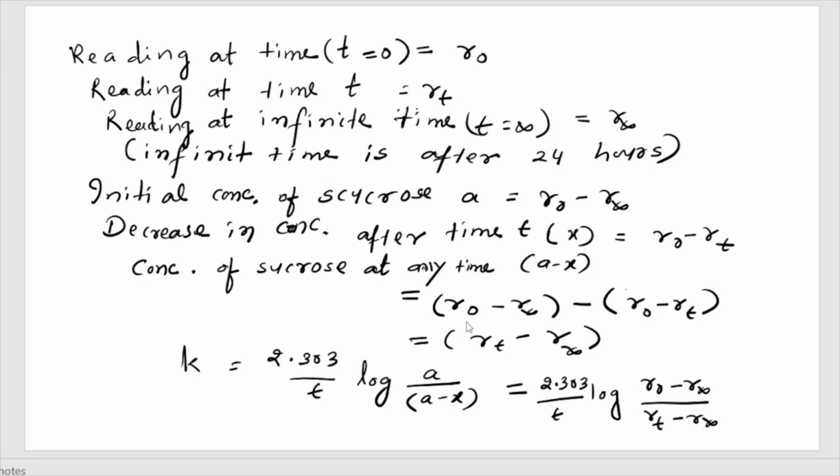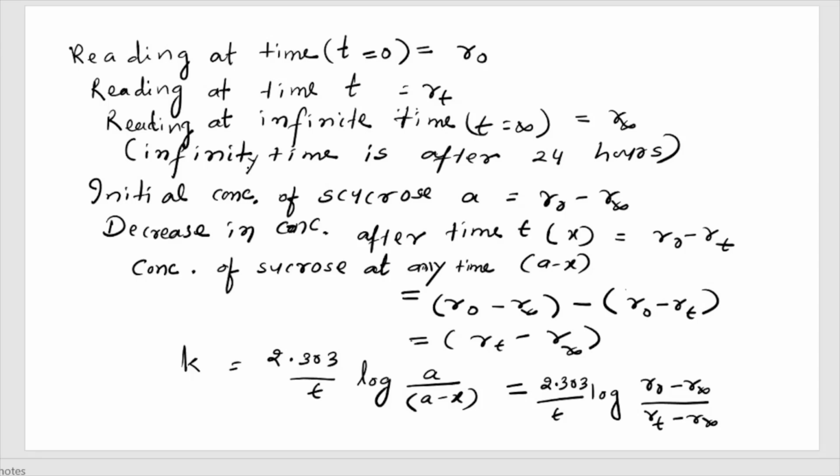What is infinity time? It is after 24 hours. If it is for 1 hour, no infinite reading R infinity is required, but when the time is after 24 hours, t equal to infinity, and the rotation is known as R infinity.